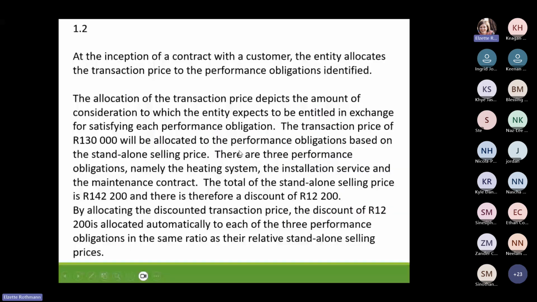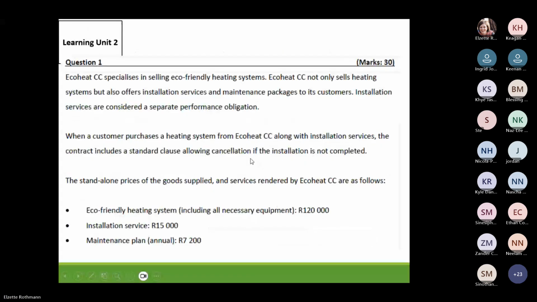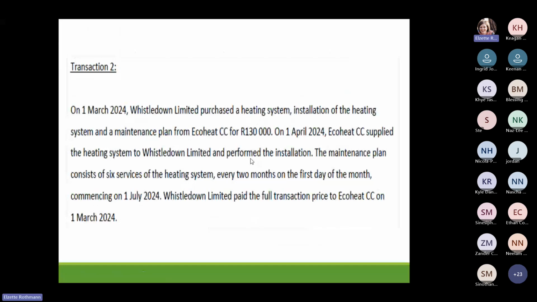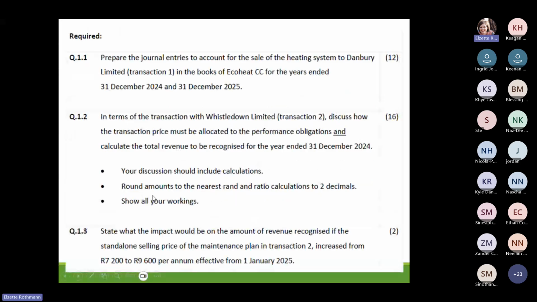Okay, then at 1.3, they ask us to state what the impact would be on the amount of revenue recognized if the standalone selling price of the maintenance plan in transaction 2 increases from 7,200 to 9,600 per annum effective from 1 January 2025.